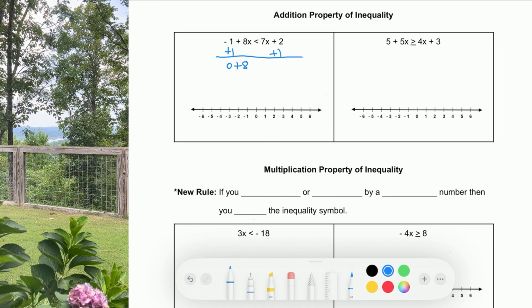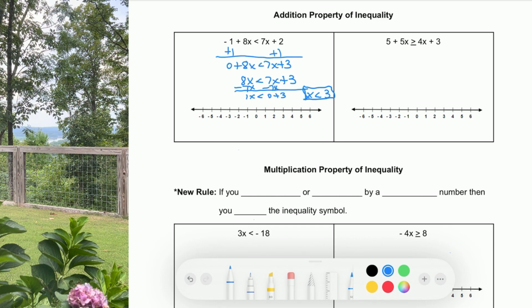I end up with 0 plus 8x is less than 7x plus 3. Rewrite that. I'm going to subtract 7x from both sides. I get 1x is less than 0 plus 3. So my solution is x is less than 3.